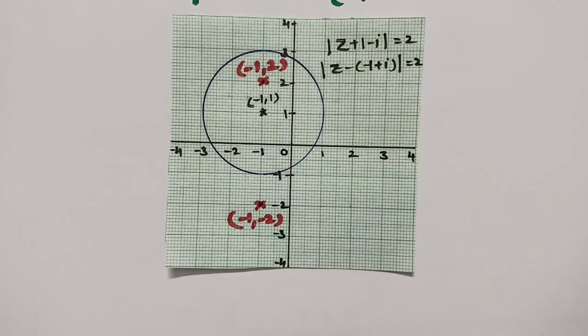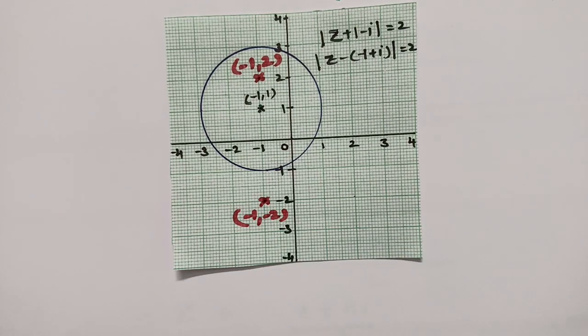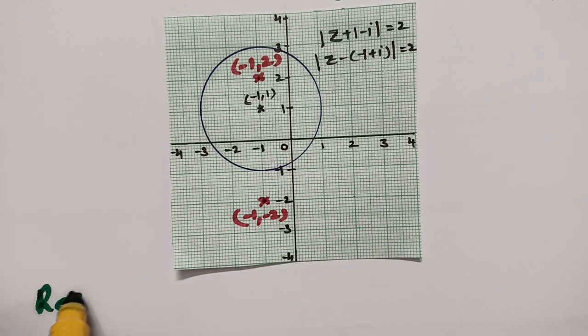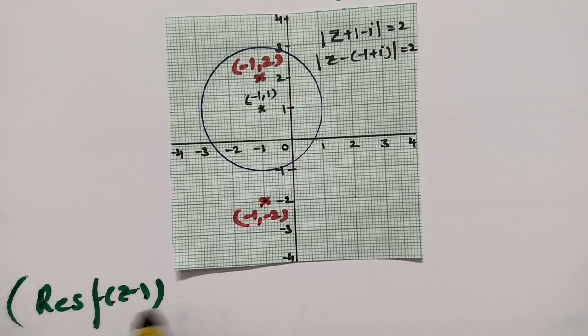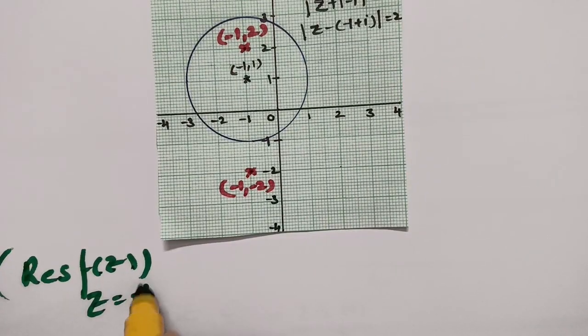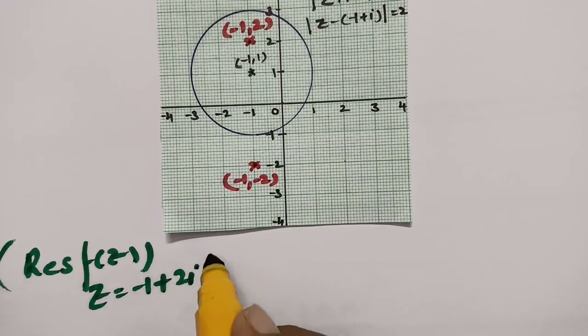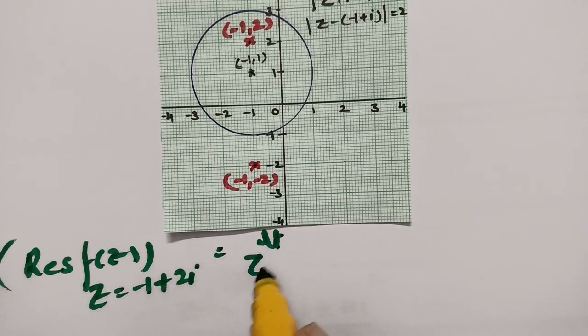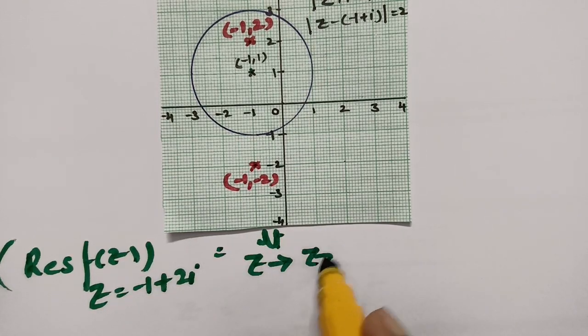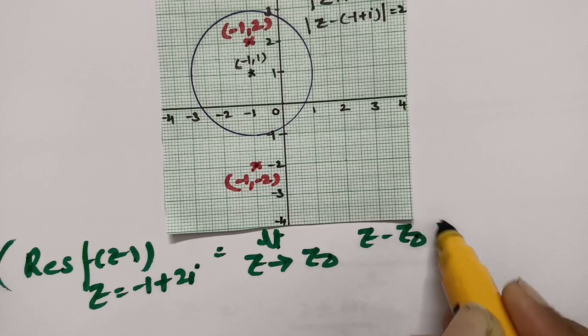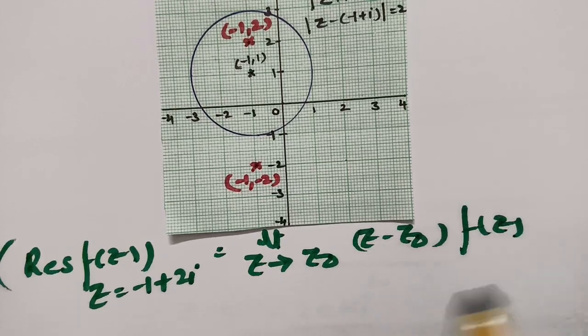using the residue theorem. The residue of f of z at z equal to minus 1 plus 2i, as it is a simple pole, is the limit as z tends to z naught of z minus z naught into f of z. Clear?